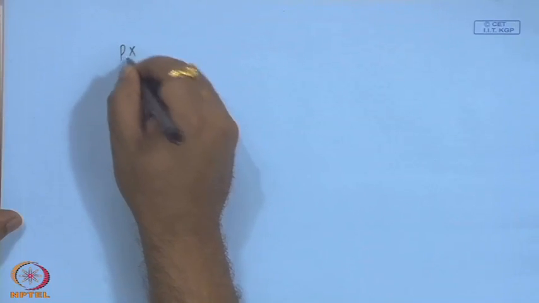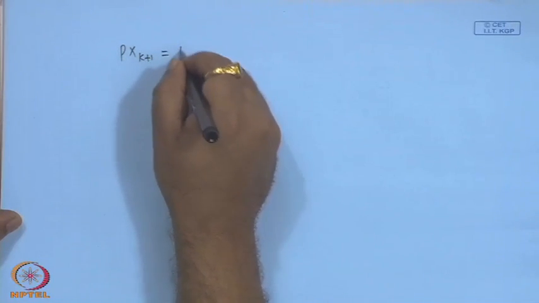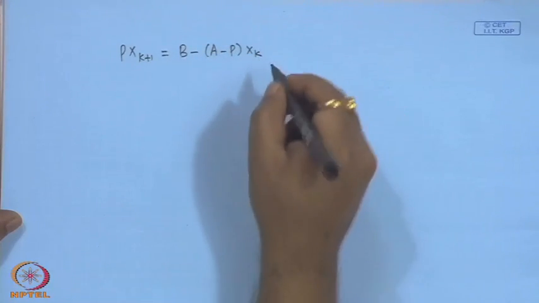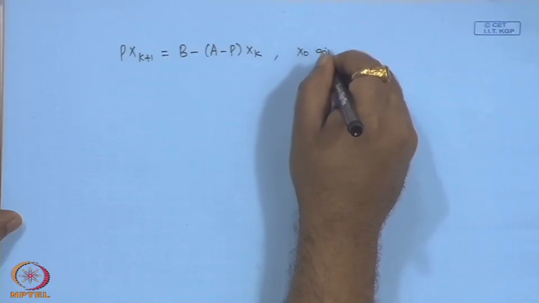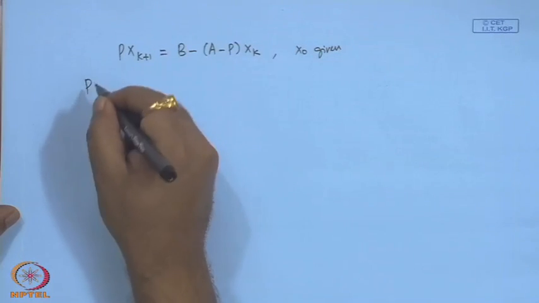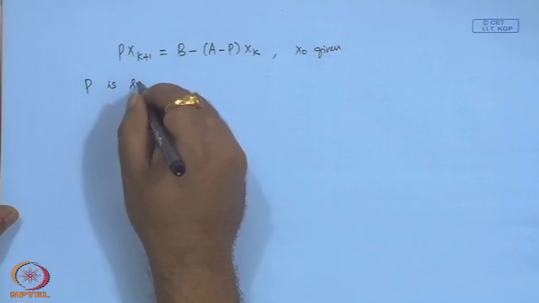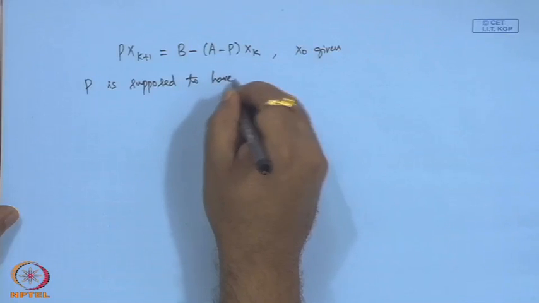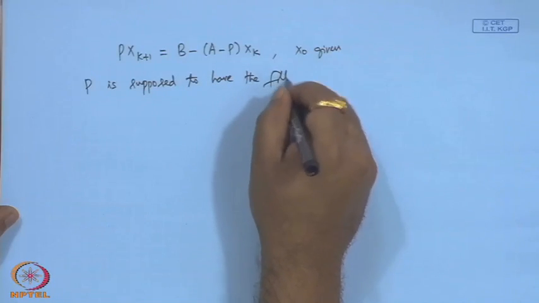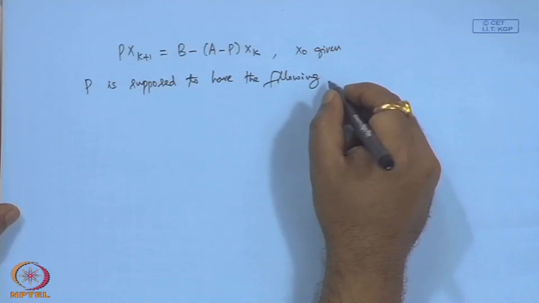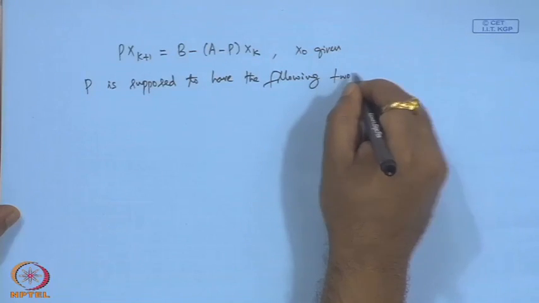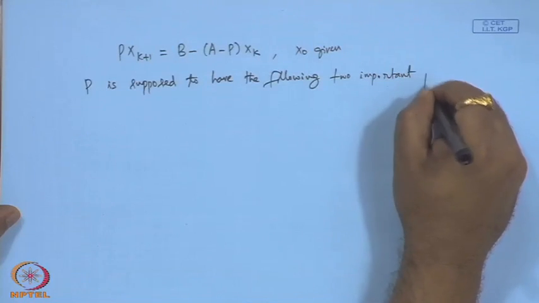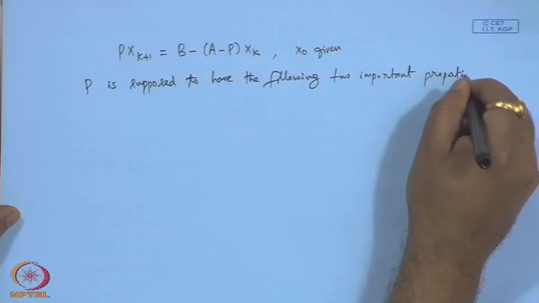If we define this iterative scheme, with x 0 given, P is supposed to have the following two important properties.